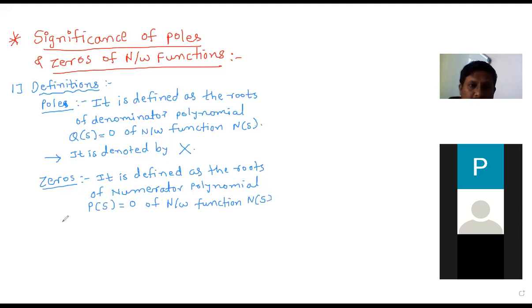It is denoted by a circle or 0. So this is the definition. First point, everyone understood?